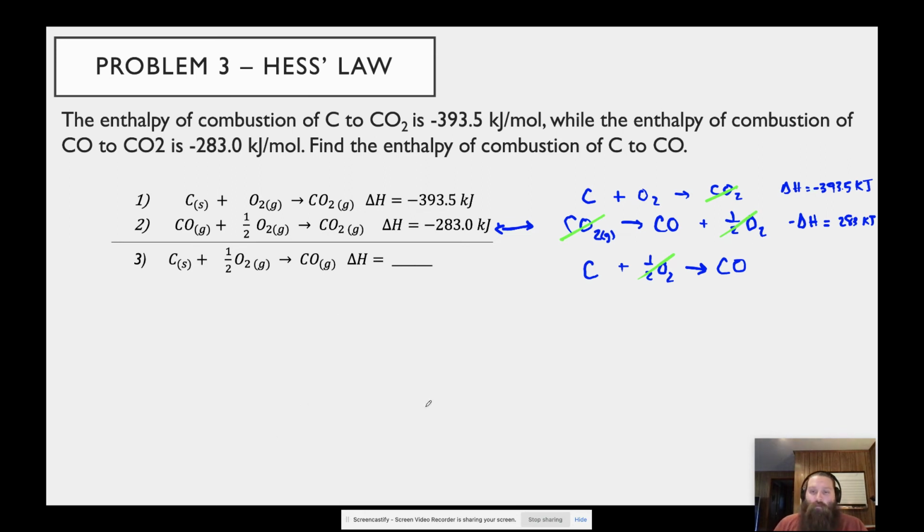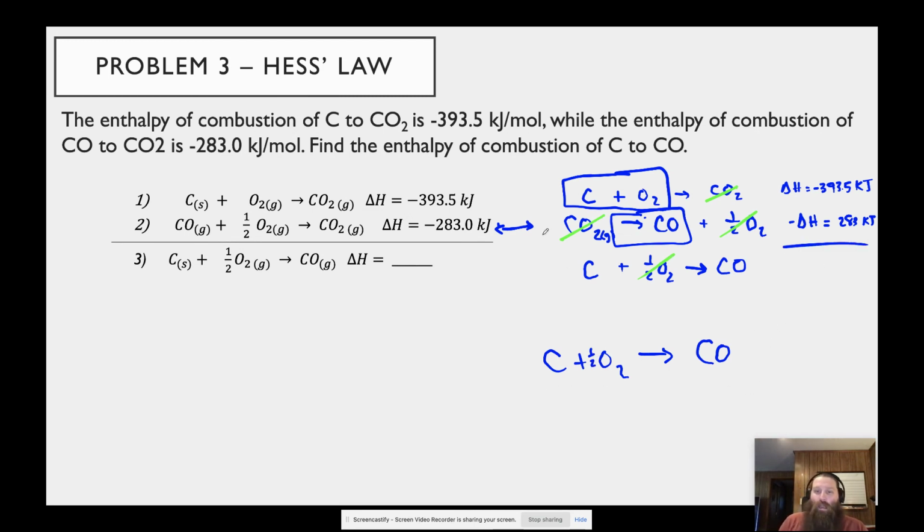So this is going to leave me with an overall reaction that I can write, which is going to be C plus O2 from right there is going to yield CO. And with that, obviously this has to be a 1/2 in order to balance it.